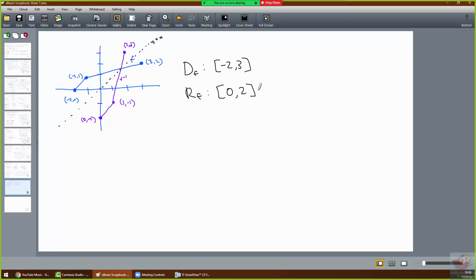Looking at the purple graph, from left to right goes from 0 to 2, so that's the domain of the inverse, and the range from top to bottom goes from -2 to 3. So when you're graphing your inverses, they need to follow that.